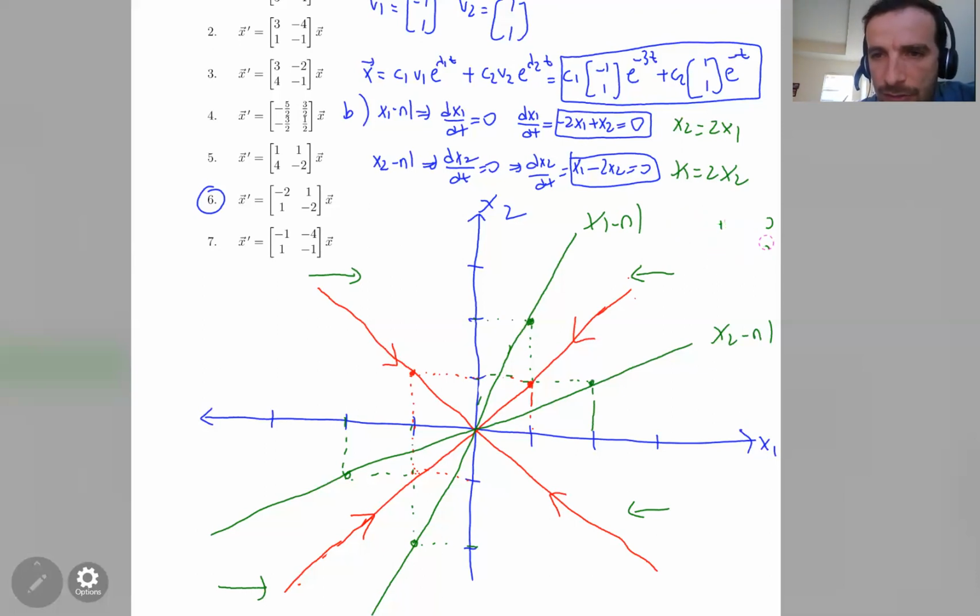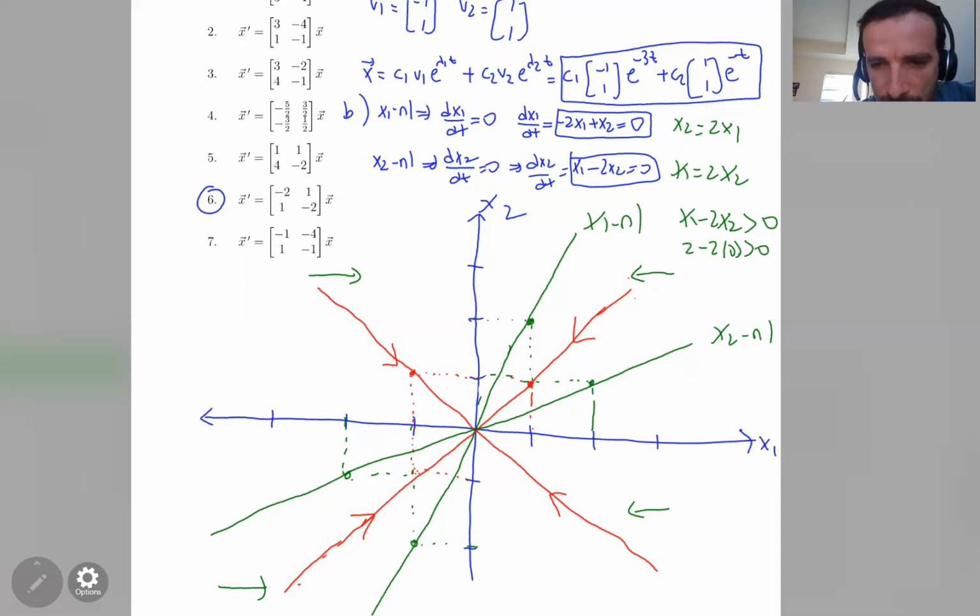What about the next null line? Is x1 minus 2x2 bigger than 0 or not? Again, pick an arbitrary point. This is the x2 null line, right? Pick an arbitrary point on the left or right, maybe 2, 0. 2 minus 2 times 0 is 0.